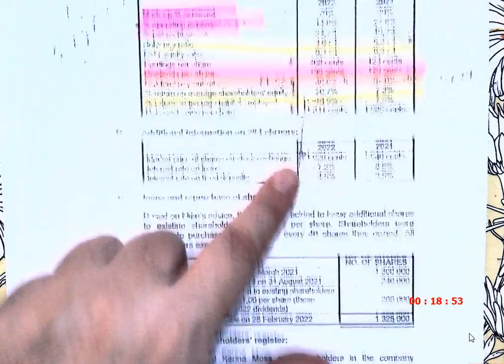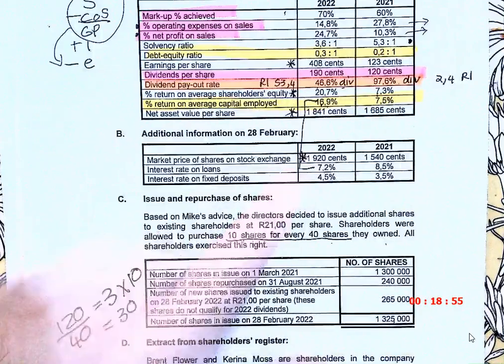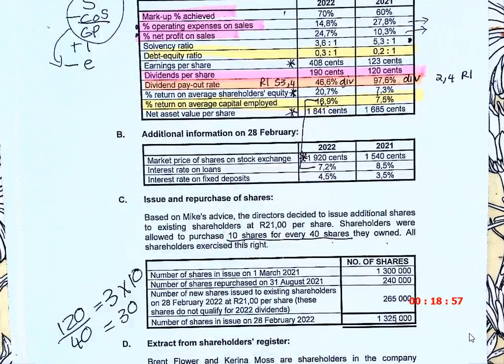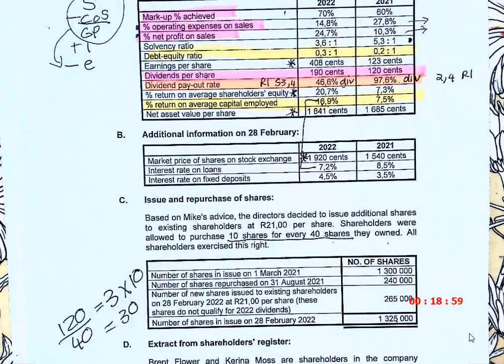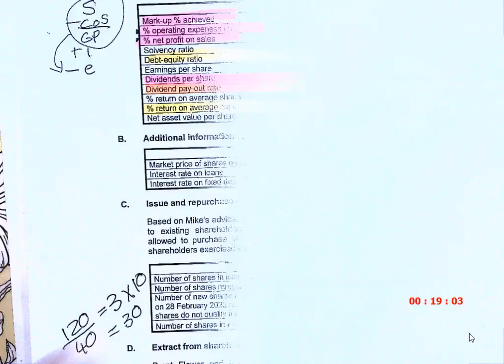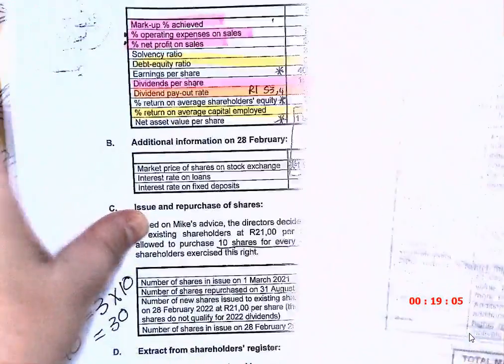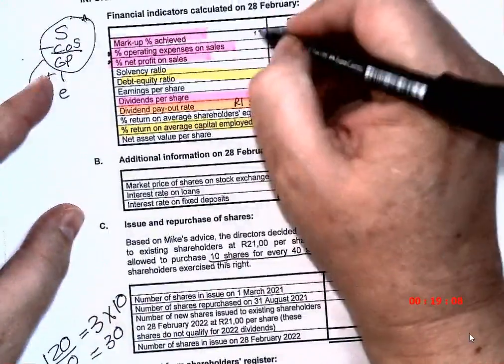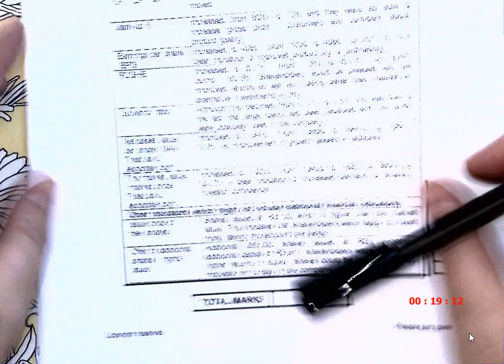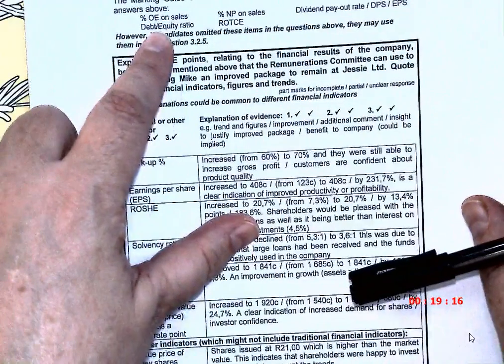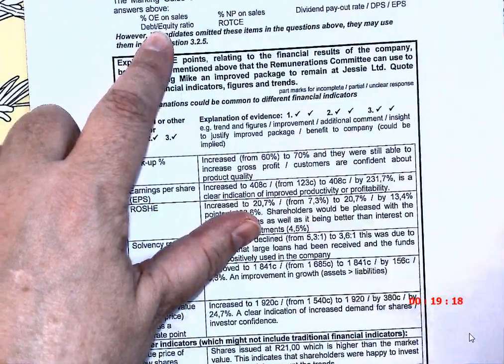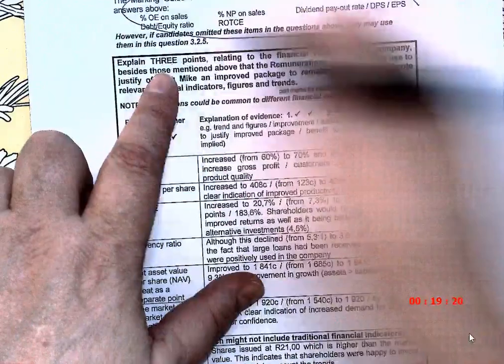So let's quickly look. What did they quote? So, can you see? You can actually also quote the markup. So, can you see 3 points? So, these are the ones you can't quote, right?